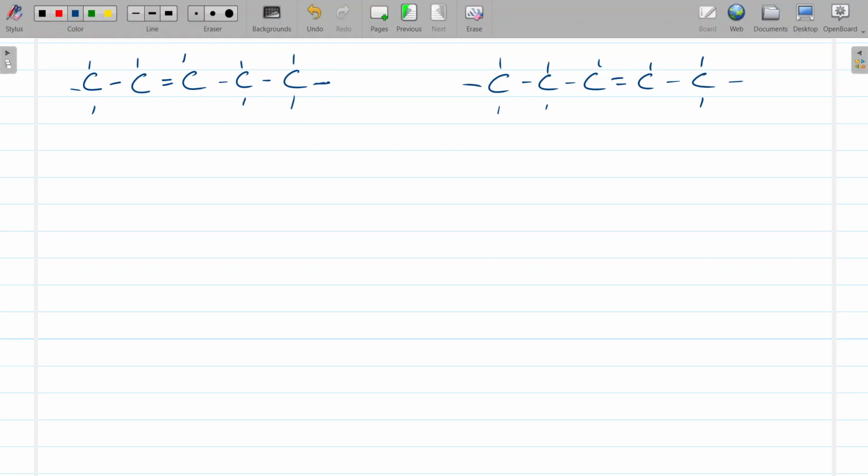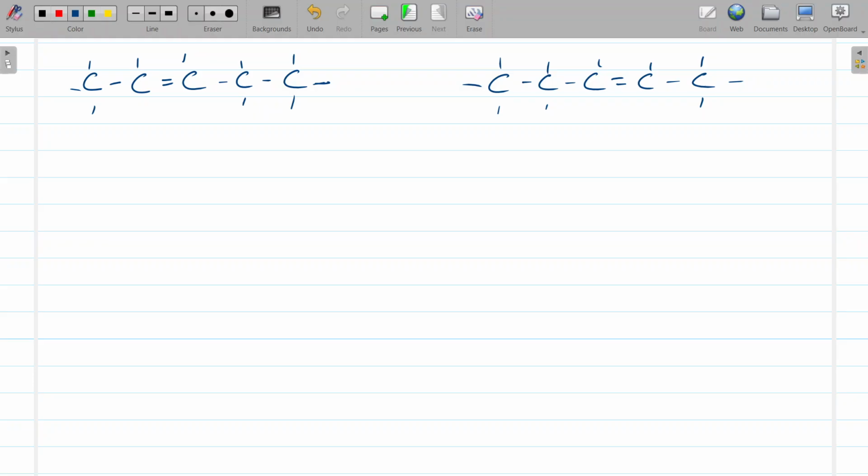Is there a difference between these two molecules? Yes. What's the difference?